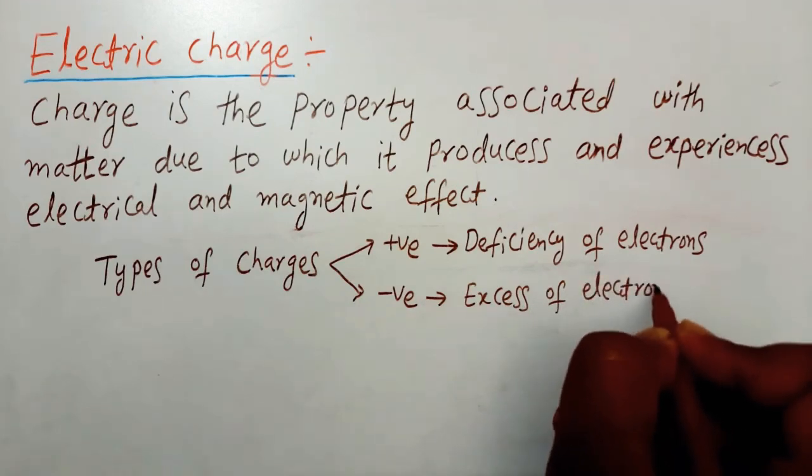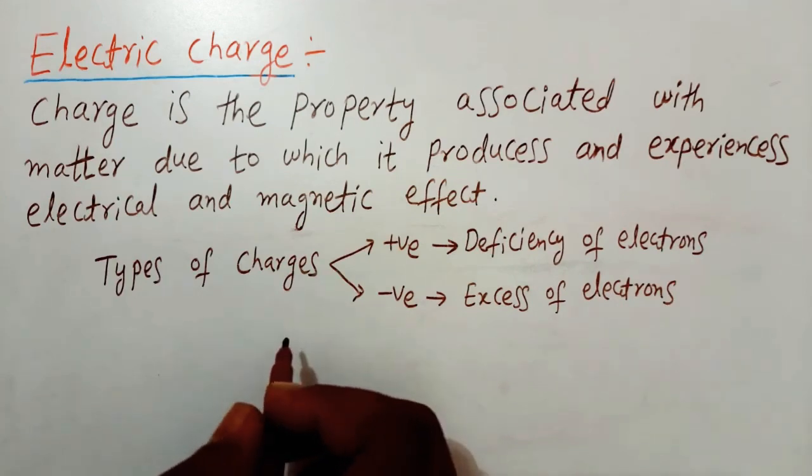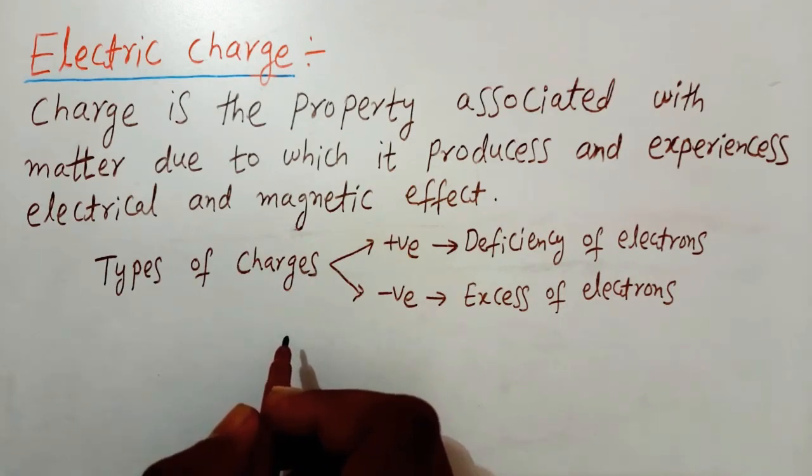When two objects are rubbed with each other, the charges are distributed on the surface of the object.